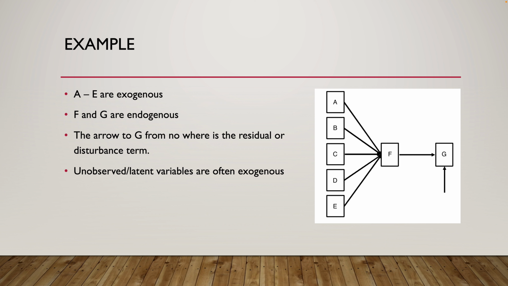Well, A could be in this model success in college algebra, but then we could have B, C, D, and E, maybe a grit factor, maybe a self-determination, self-motivation, maybe a perseverance factor, maybe D, and maybe E is, I don't know, some self-confidence, some self-esteem, whatever it may be.